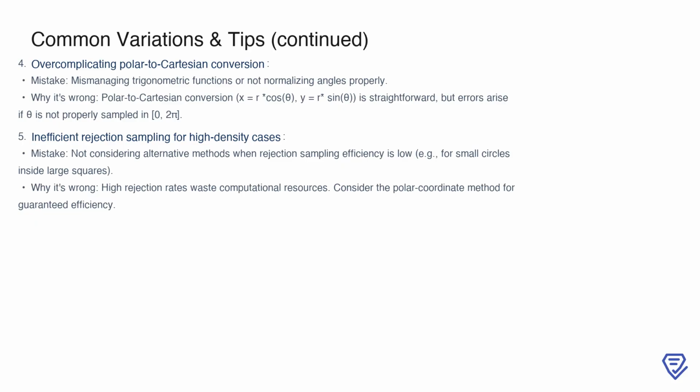Additionally, rejection sampling can become inefficient in certain scenarios, particularly when working with small circles inside larger bounding squares. A significant portion of the sampled points may be rejected, wasting computational resources. In such cases, methods like the polar coordinate approach can be more efficient because they guarantee that every generated point will fall within the circle, avoiding unnecessary rejections.